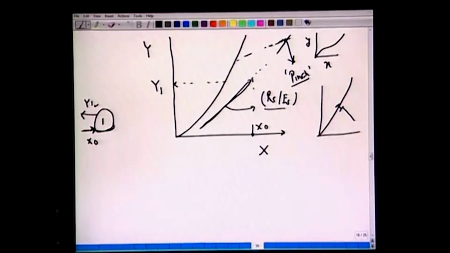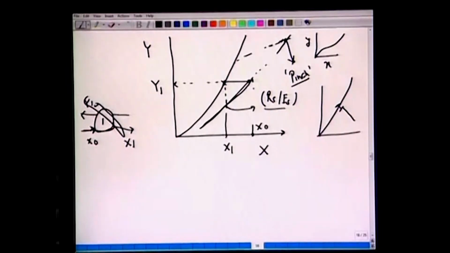So we have marked x0 and x1, and so this is x1 here. Now we say that the stream y1 is in equilibrium with the stream which leaves here, y1 x1. So if we have y1 here, we have x1 here. Starting from x0, y1, the two leaving streams are in equilibrium, so y1 and x1.